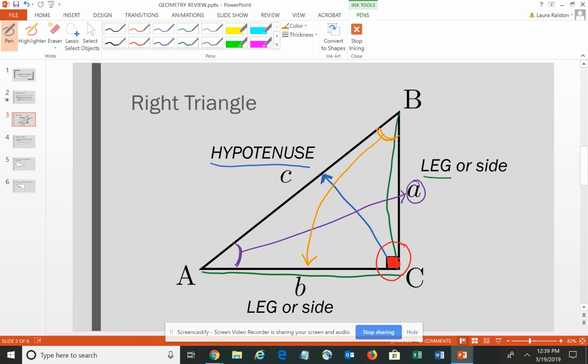We use capital letters for the angles and lowercase letters for the sides. And again, the most commonly used are A, B, and C.